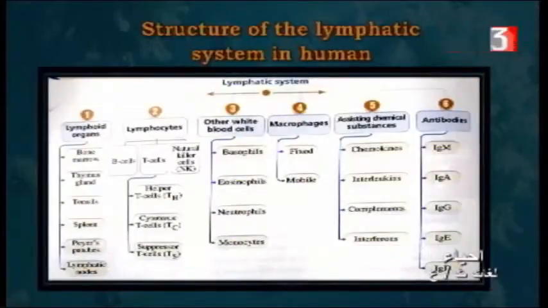Antibodies include IgM, IgA, IgG, IgE, and IgD. This is the lymphatic system. It includes six types: lymphoid organs, lymphocytes, other white blood cells like basophils, eosinophils, neutrophils, monocytes, macrophages, assisting chemicals, and antibodies.